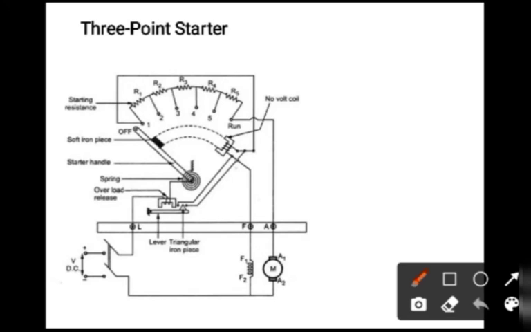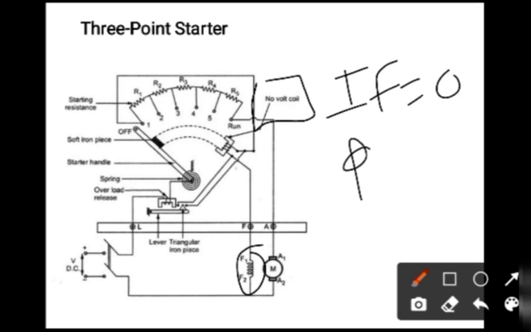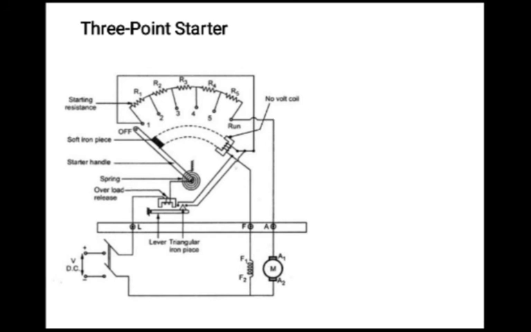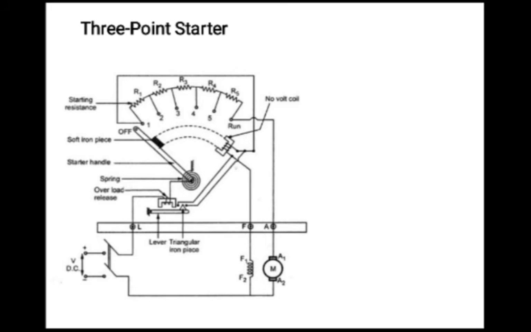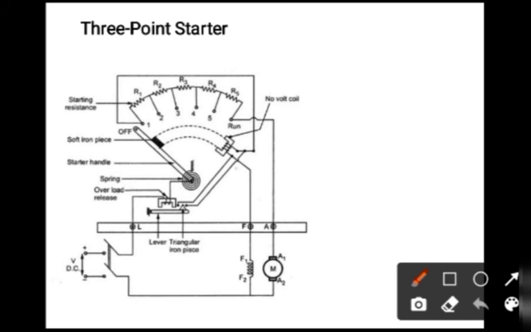Now there is one more advantage of the NVC coil which I want to tell you. Suppose the field winding accidentally opens. Due to the open field winding, the first effect is that field current is 0 and flux is 0. If you look here, the field winding is directly connected to the NVC coil, therefore the current flowing through the NVC coil is 0. Under running condition, the handle of the starter is at the final position and there is attraction between the soft iron piece and the NVC coil.